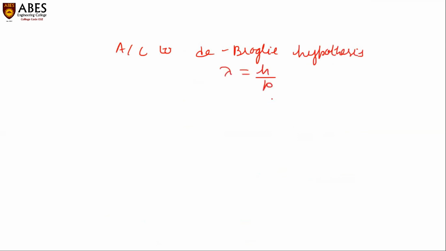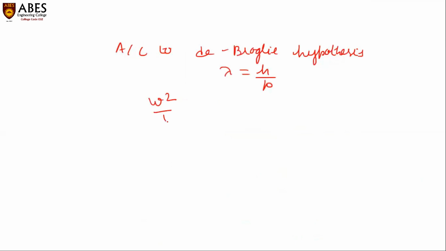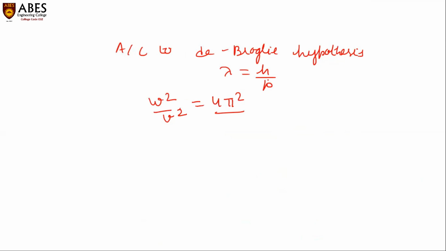So omega square over v square is equal to 4 pi square over lambda square, and lambda square is h square upon p square. That is, we get 4 pi square p square over h square.